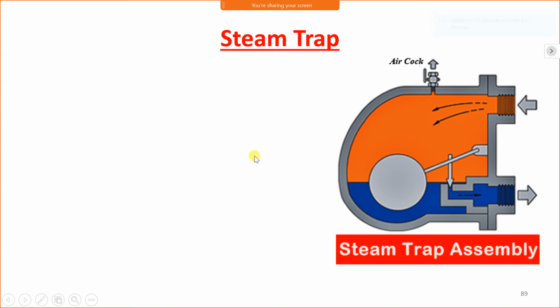When the steam is formed in the boiler, it consists of a mixture of dry steam and wet steam, and the trap allows only dry steam to escape, and the wet steam is collected in the steam trap, where it condenses and is separated.